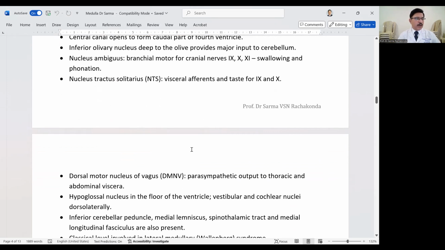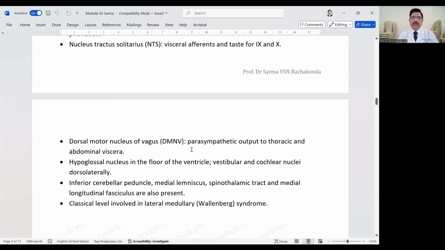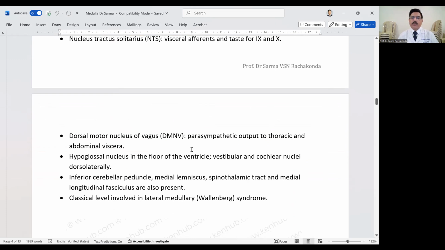The dorsal motor nucleus of the vagus, or DMNV, gives parasympathetic output to the thoracic and abdominal viscera. The hypoglossal nucleus is in the floor of the fourth ventricle, with the vestibular and cochlear nuclei dorsolaterally. The inferior cerebellar peduncle, medial lemniscus, spinothalamic tract, and medial longitudinal fasciculus are also present.